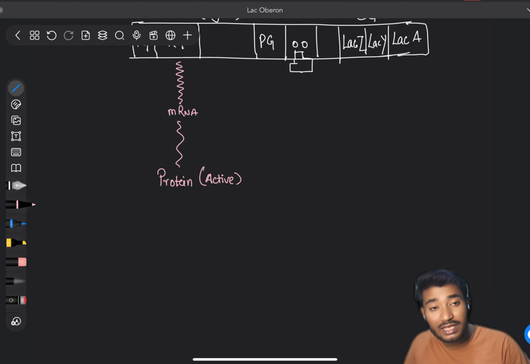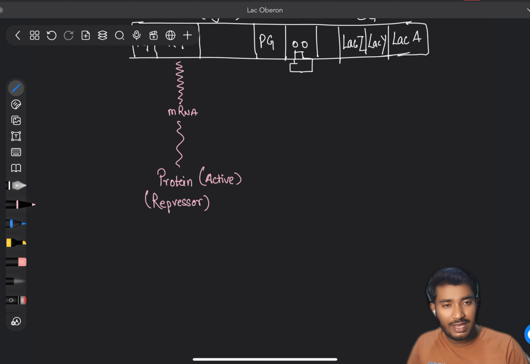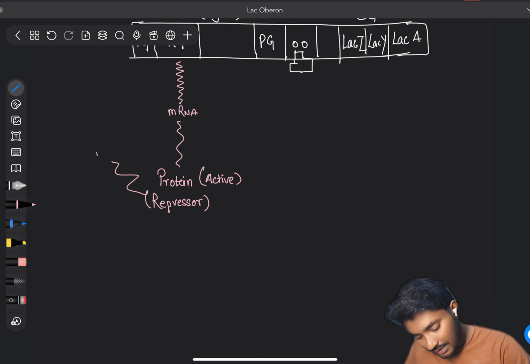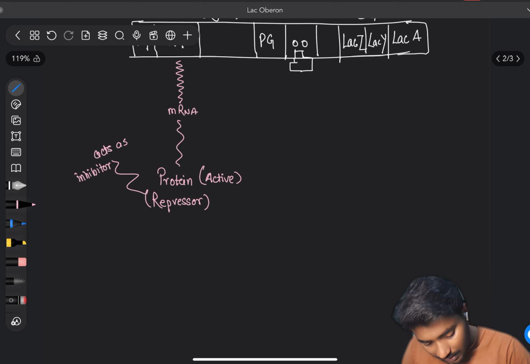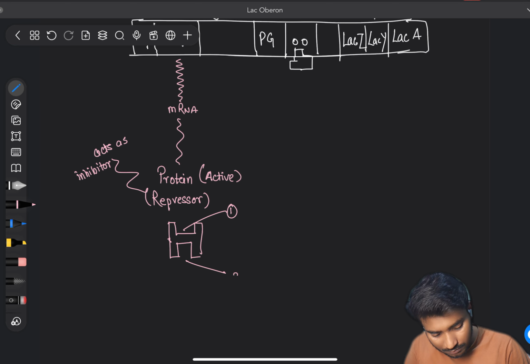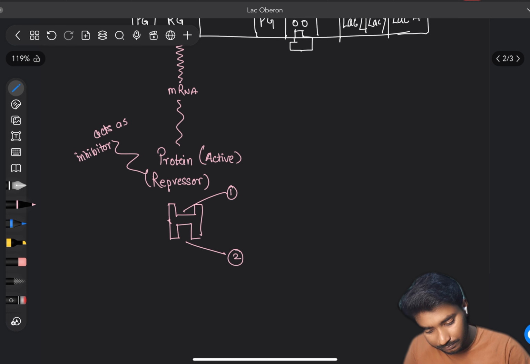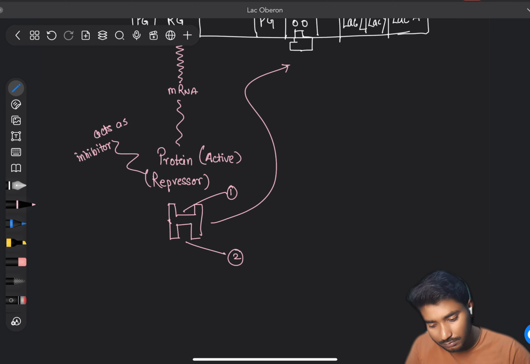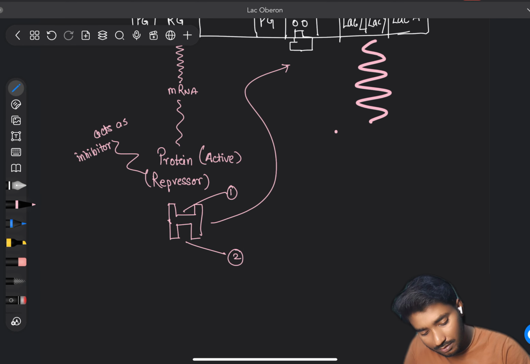This protein acts as a repressor, as an inhibitor. In case of Lac Y, no transcription.